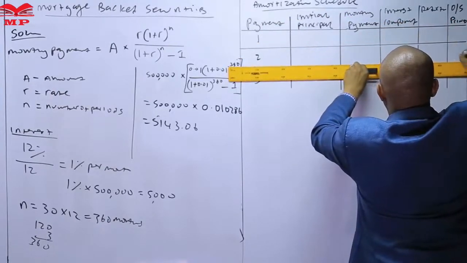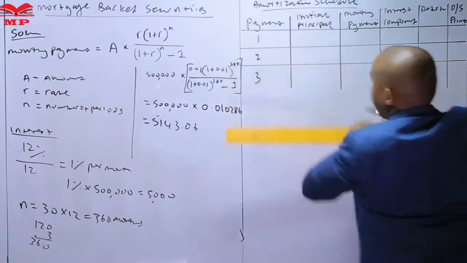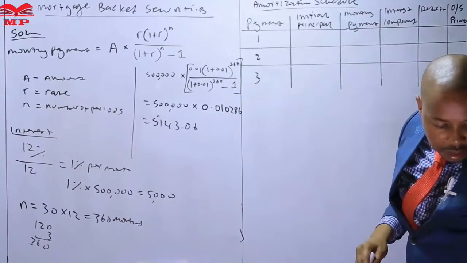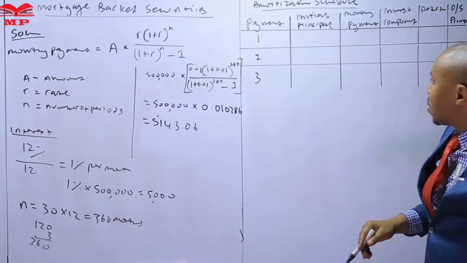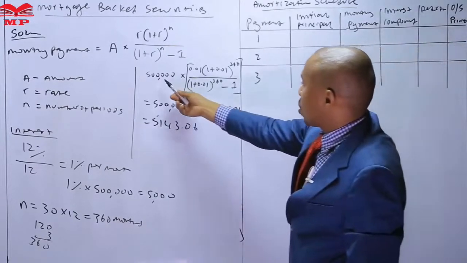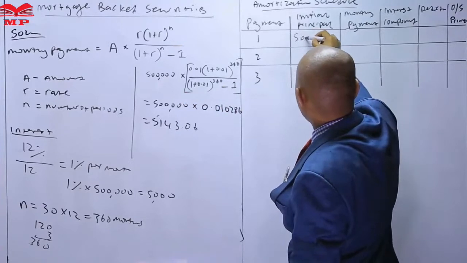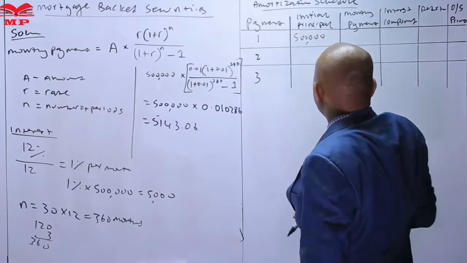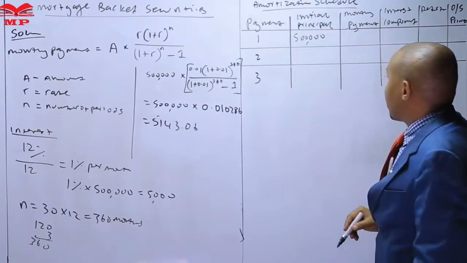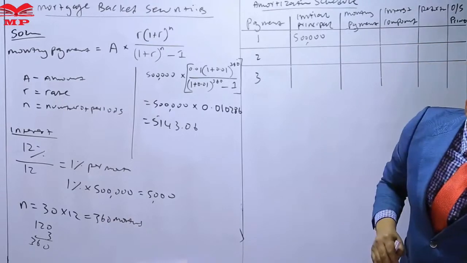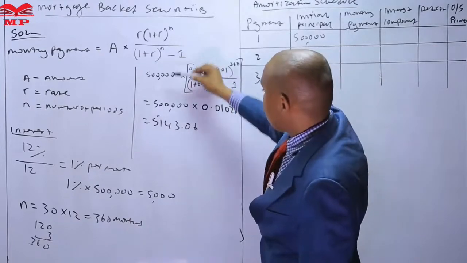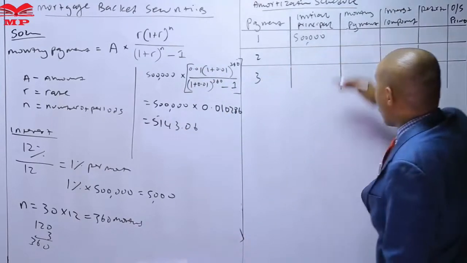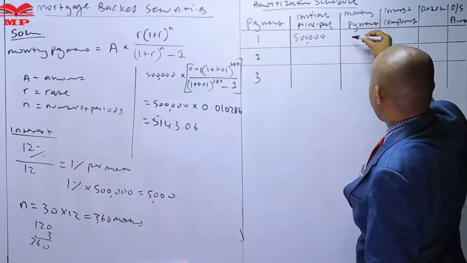Then we come to the second month right there, then the third month given to us there. Now the initial principal amount was how much? Was 500,000. So we have 500,000 there. The monthly payment, from the question, we can see that the monthly payment required us to compute, and the monthly payment is going to be 5143 all through for the life of the mortgage.